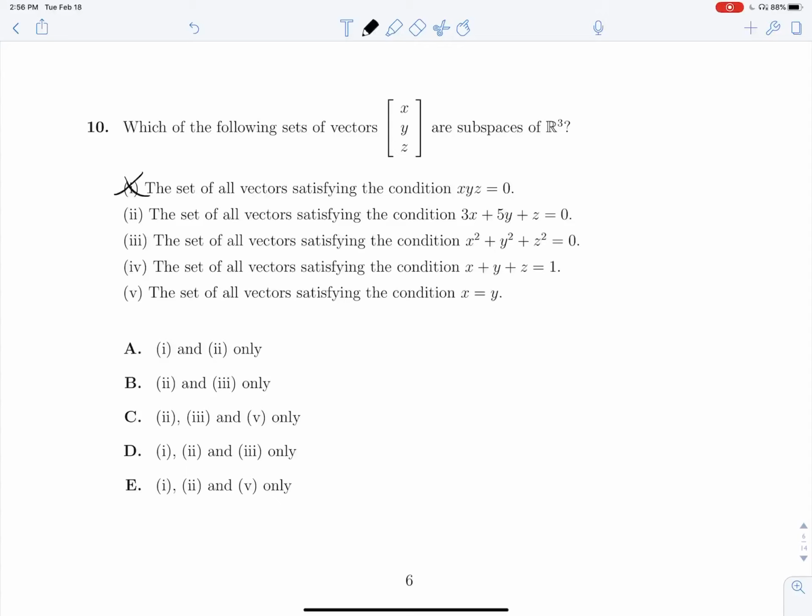And so this plane here, take any two elements on the plane, add them or multiply them, do whatever you want, you cannot get off that plane. So 2 is correct.